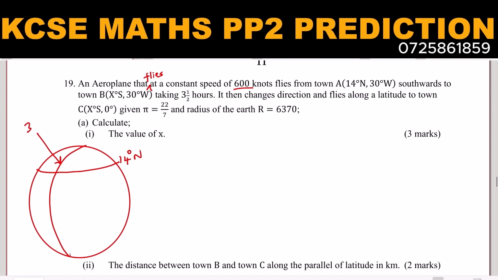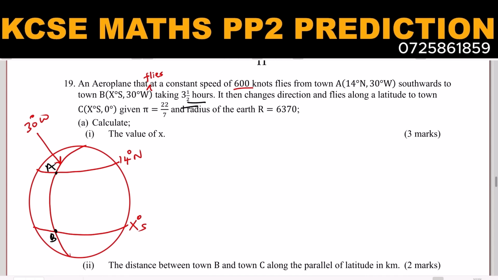So point A is that point, and then it flies southwards to B, x degrees south, and 30 degrees west, so it is flying along the same longitude. So B is there.